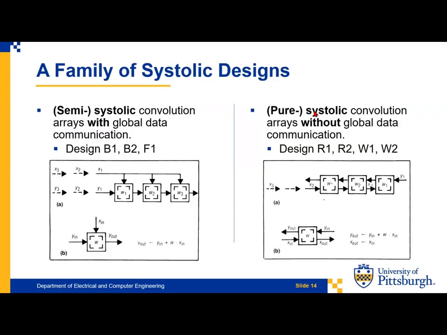And in the pure systolic array, when the data propagates on this array, you cannot change it. You just make the data propagate through the processing elements. And in each type, there are different designs, and I will show these designs.